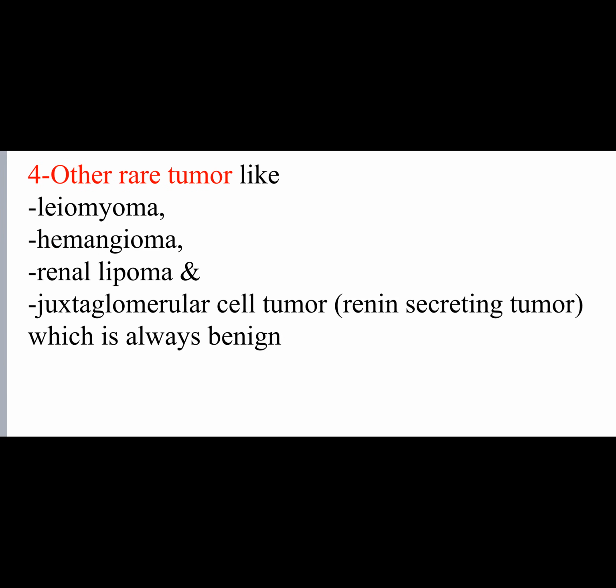So it secretes more renin, which is part of the renin-angiotensin-aldosterone system. When there is increased secretion of renin disproportionate to the body's need, it will cause hypertension, through activation of this pathway.